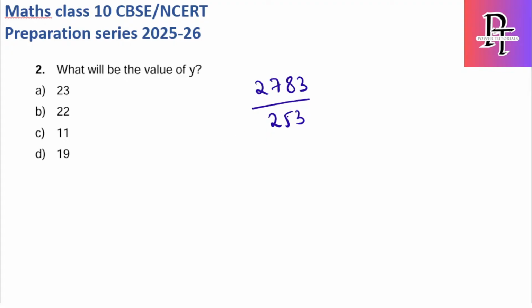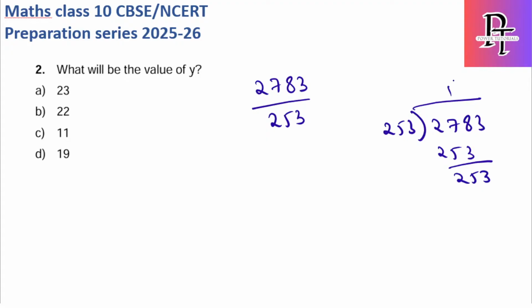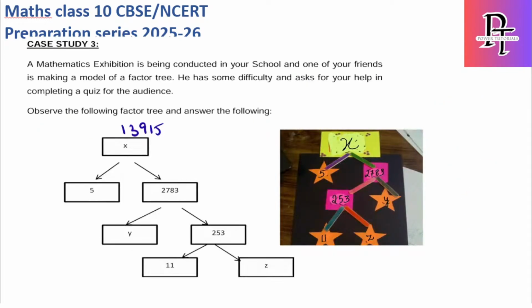So let's divide by 1. I'll do it here. 253 ones, 253. I'll get 5, 2, again 253. So simply, it is 253 11s, 2783. The answer is 11. So I got the y value, which is 11.